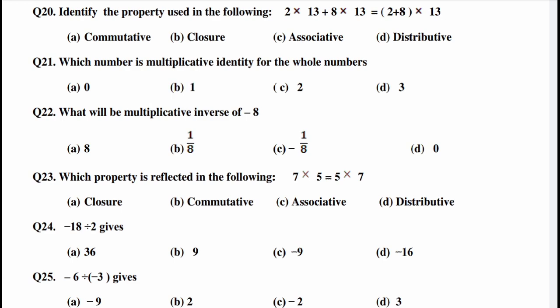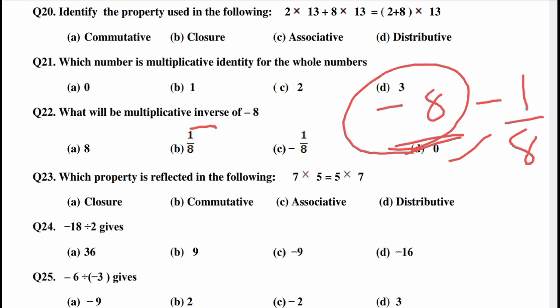Question number 22. What will be the multiplicative inverse of minus 8? If you want to find the inverse of this multiplicative element, then you have to take its reciprocal, and we can write it as minus 1 upon 8. We will not remove the negative sign.